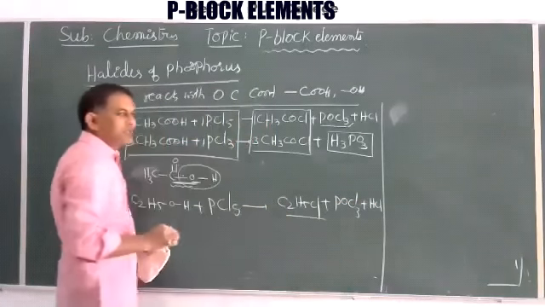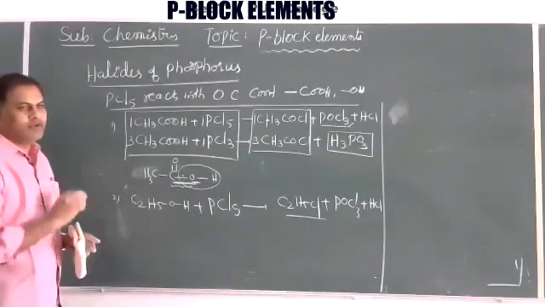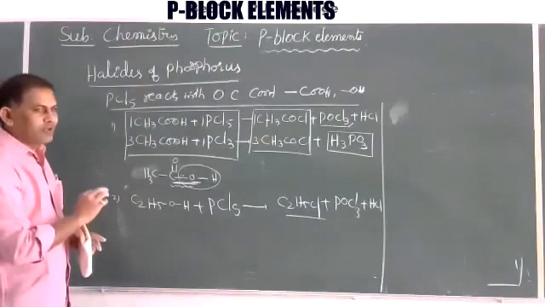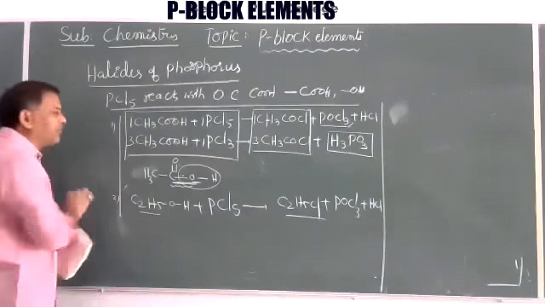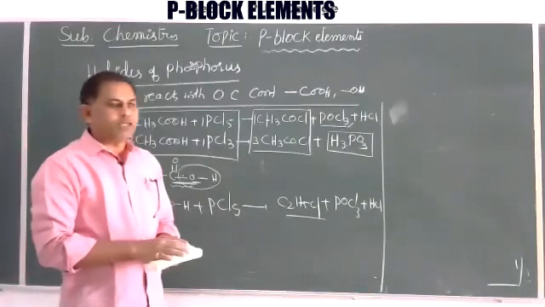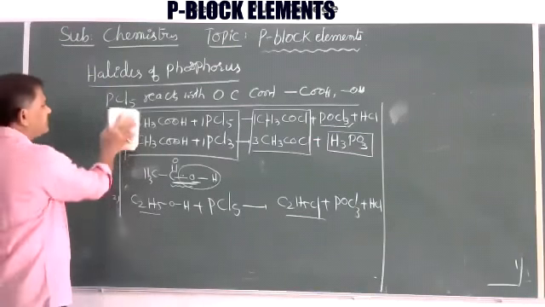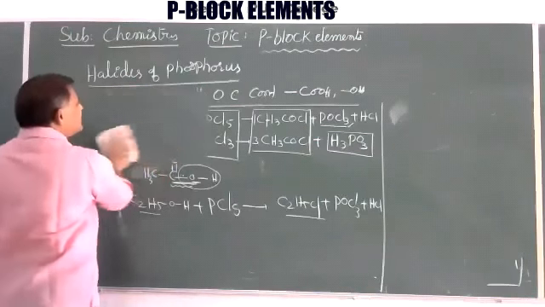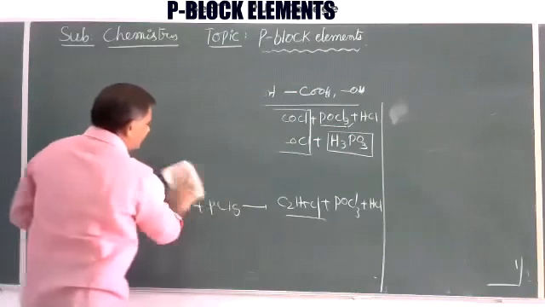Same preparation methods of haloalkanes, chloroethane, chloropropane, depending upon the type of alkyl group. These are some important chemical and physical properties of phosphorus pentachloride. Okay. Similar examples for both trihalides and pentahalides.